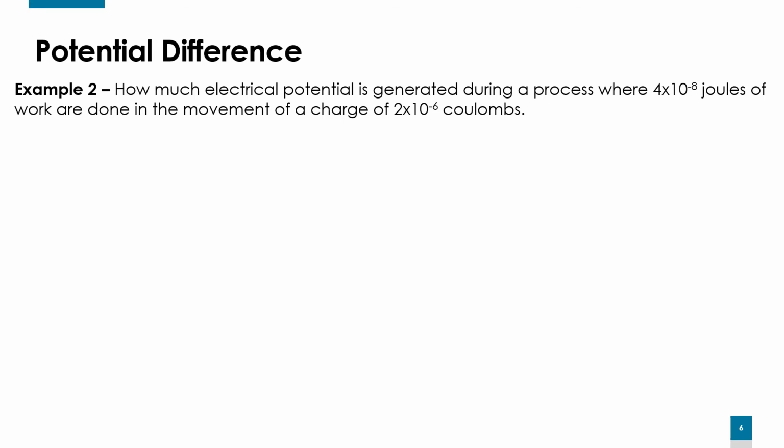I read again and I highlight. How much electrical potential, so it's asking me the electrical potential, is generated during a process where 4 times 10 to the power of minus 8 joules of work or energy are done in the movement of a charge of 2 times 10 to the power of minus 6 coulomb.